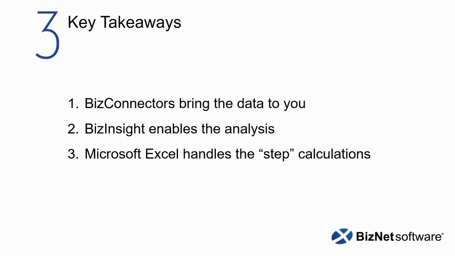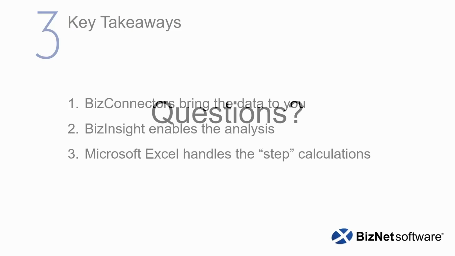And then finally, the product that you use every day handles those step calculations, helps you find the basis, and then helps you find the total of the pool, and then automates that process of handling the percentages.